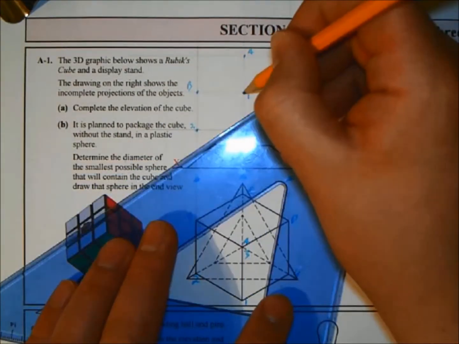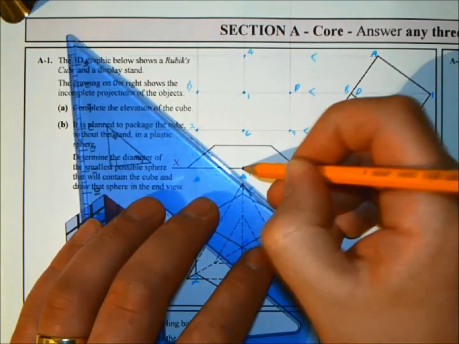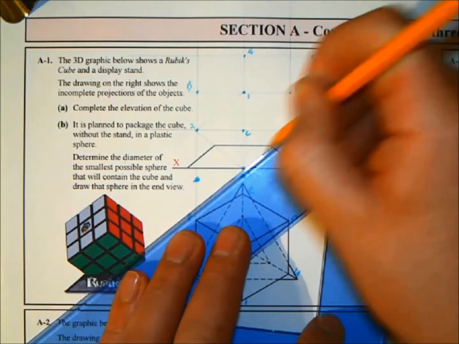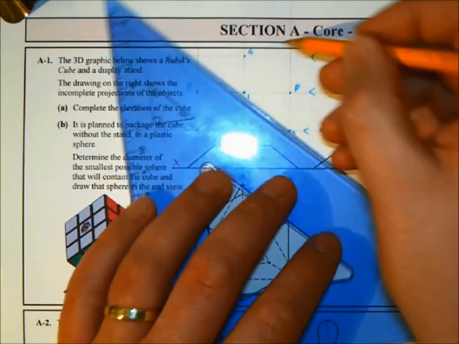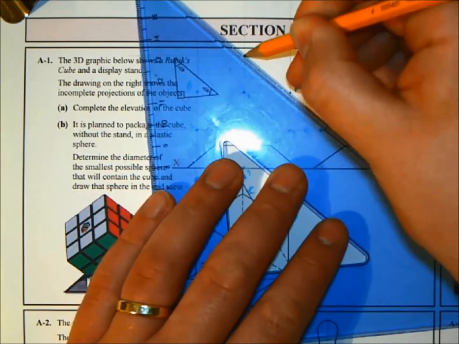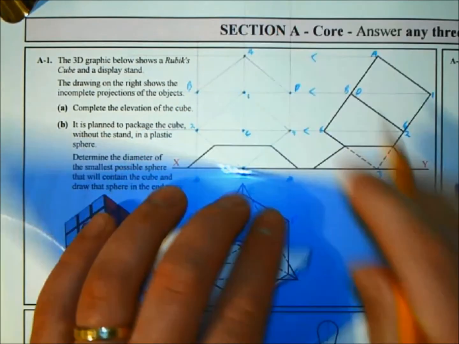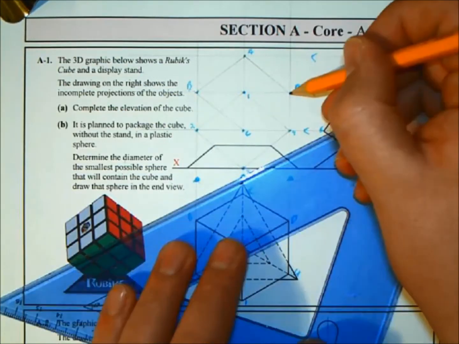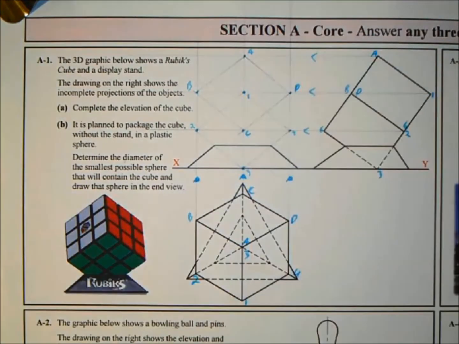So 1 goes to 2, 2 goes to 3, 3 goes to 4, 4 finishes off back at point 1. Same thing with A, B, C, and D. Now you can see we have our 2 squares.